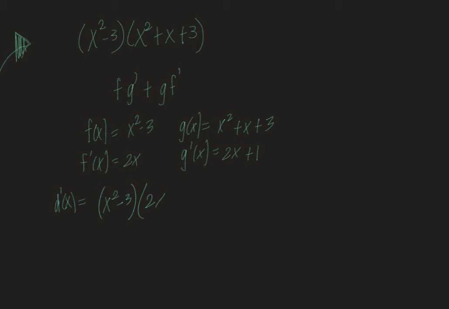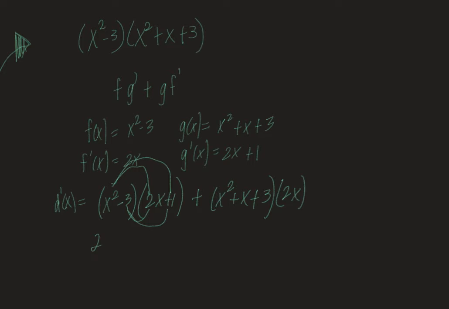So x squared minus 3 times 2x plus 1 plus the second function times the derivative of the first. So I'm going to FOIL this out.